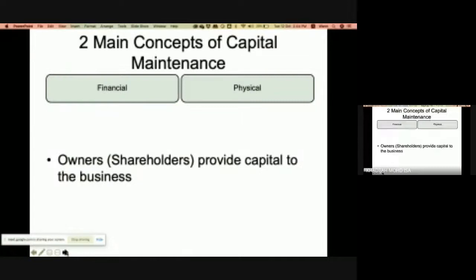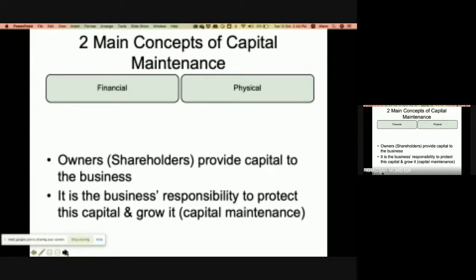Of course, from the very start you have to provide capital, because a company has to start with something. The providers of the capital are what we know as shareholders, or the owners of the company. It's the business's responsibility to protect the capital and grow it. Grow means, for example, from 1 ringgit to 10 ringgit, like the value of the shares.